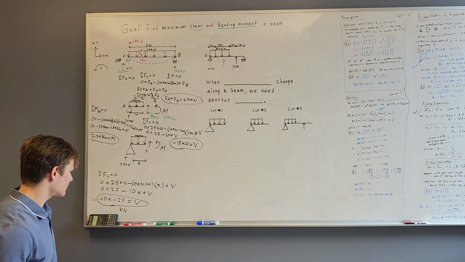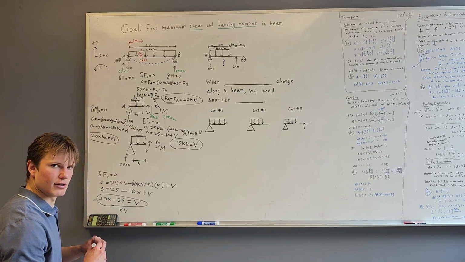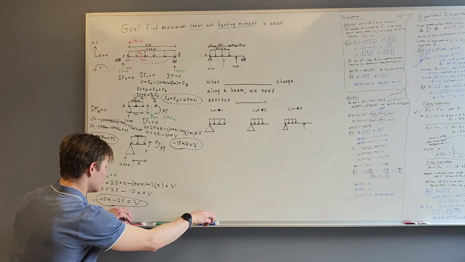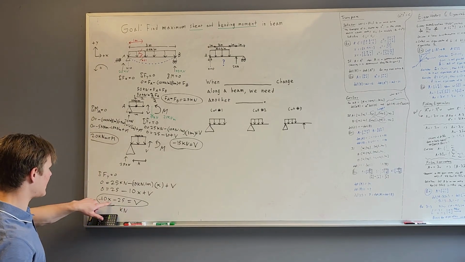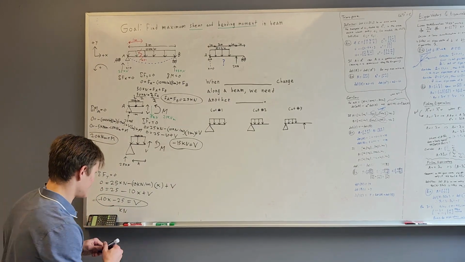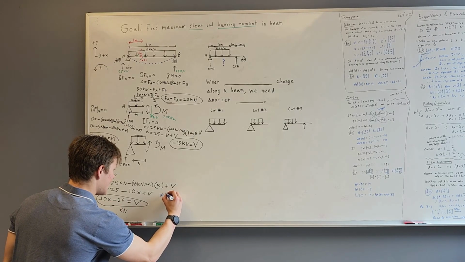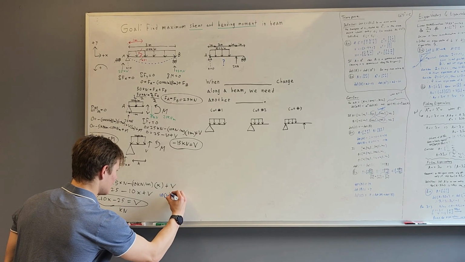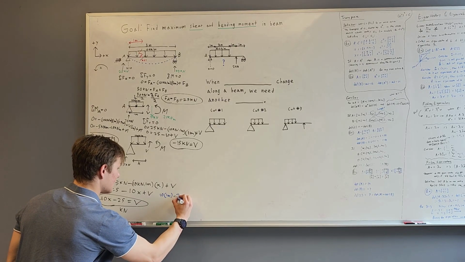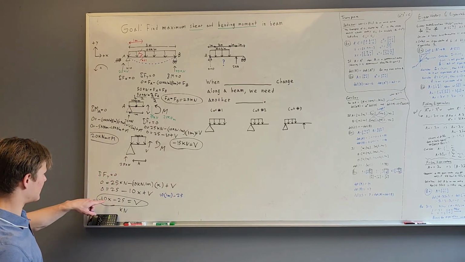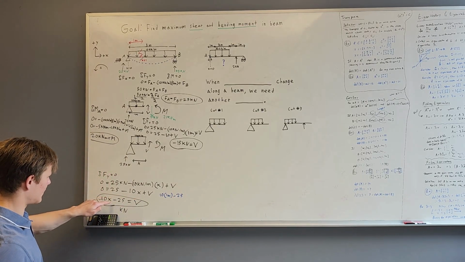And so just to test this, we can plug in our x value of 1 meter. We do 10 times 1 meter, take away 25. So all I've done is I've plugged in 1 meter into this part of the equation.